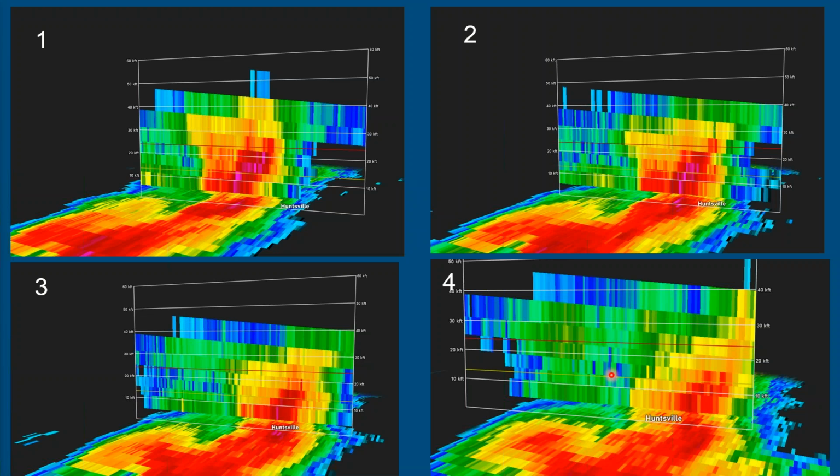Now with this software, you can actually look at it a bit differently. You can look at the cross section and you see these high reflectivities up to 40,000 feet. And then 5 minutes later, it's down to about 30. Now the core is hitting the ground. It's actually descending on Huntsville as we talk. They're getting all this wind and hail. So you can see the sequence there where the storm itself is collapsing.